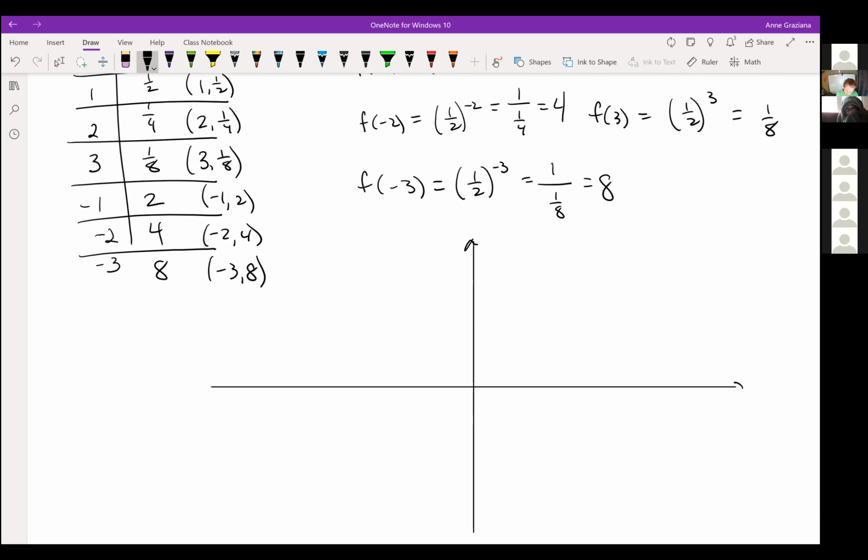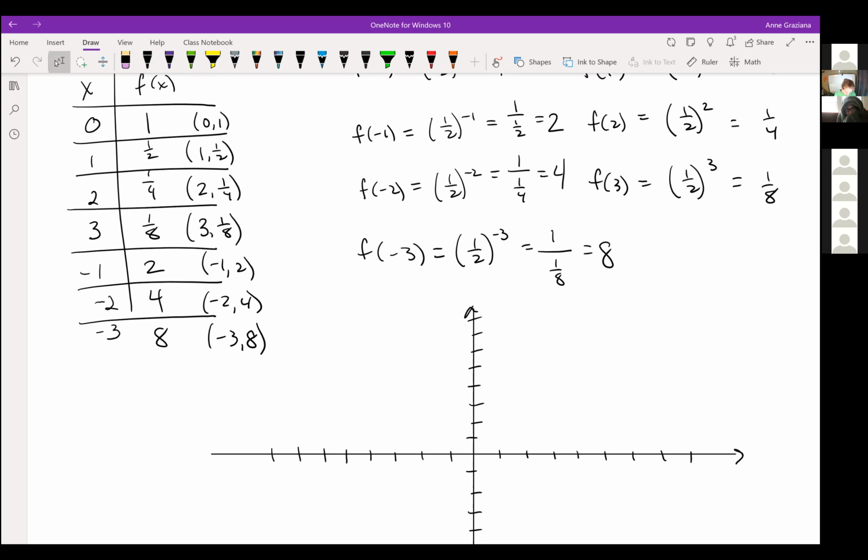All right, well, here we go. So let's graph this. All right, so 0, 1, 1, 1/2, 2, 1/4, 1/8, and then -1 goes up to 2, -2 goes up to 4, -3 goes up to 8.